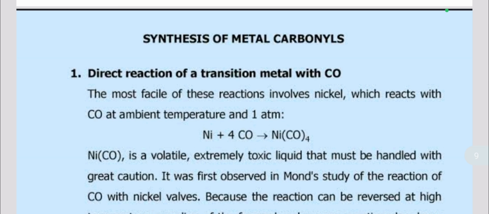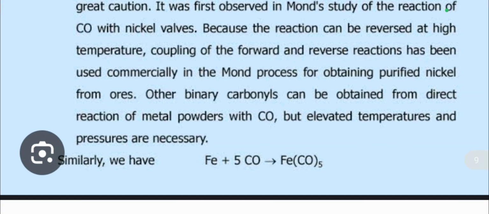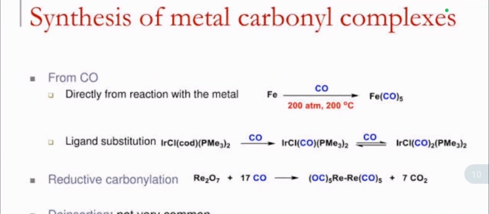It is an extremely toxic liquid. Another example is below on the slide: Fe reacts with 5 CO and forms Fe(CO)5. Observe here how some complexes are synthesized.